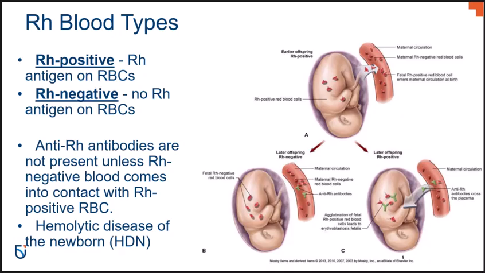However, at birth, there is mixing of blood. And some of that baby's positive blood, Rh positive blood, is going to enter my body. When my body looks at the red blood cells from the baby that have come into contact with my blood, it's going to say, okay, one, I recognize the A blood type, so that's okay.